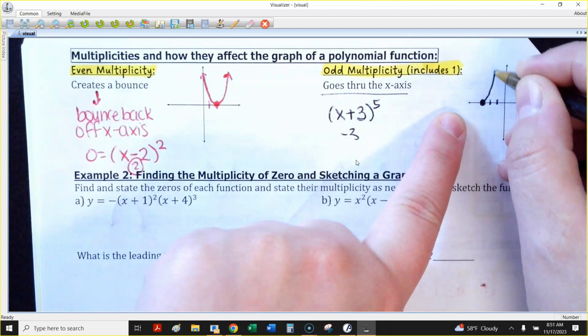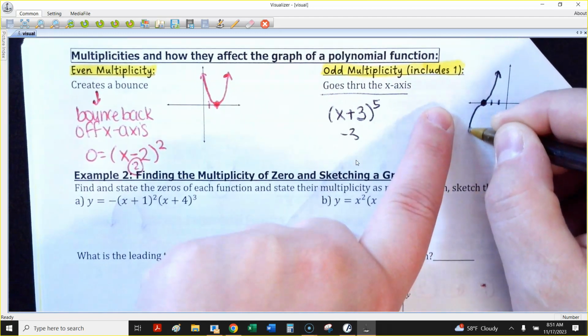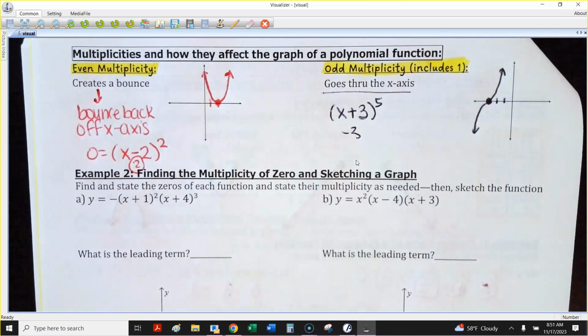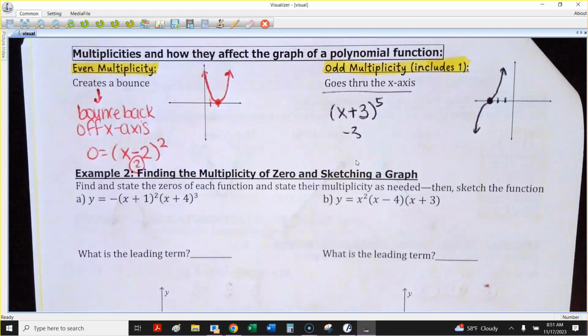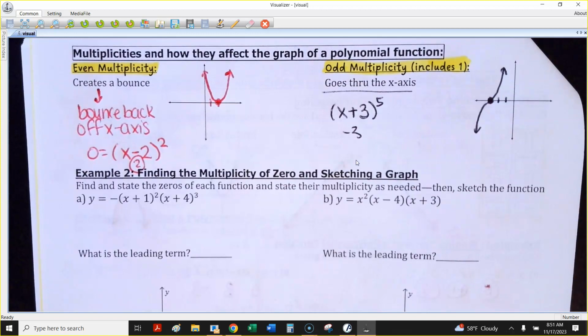And it kind of turns and curves a little bit for an odd multiplicity, it's not like a line, but you're going to go through the x-axis. That's basically what you need to remember. So if it's odd, you're going to go through. It's like an x cubed, and yes, it does look like a snake. We're just going to sketch these so it doesn't have to be perfect, but I want to put that on there for you.